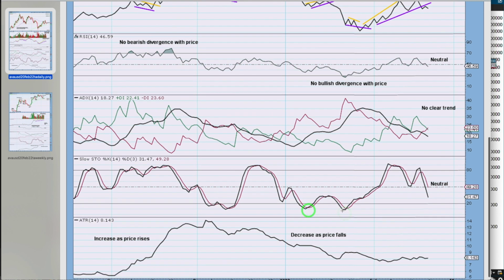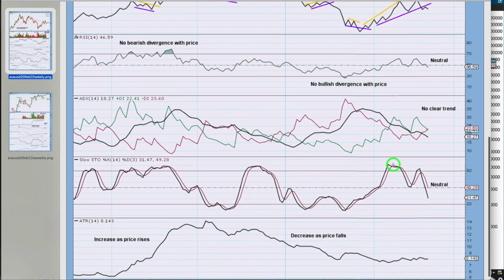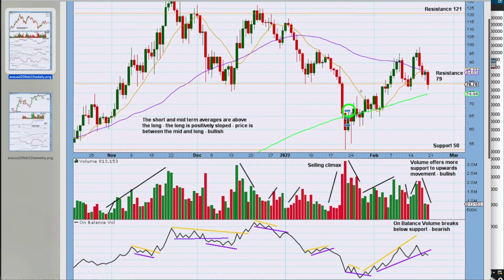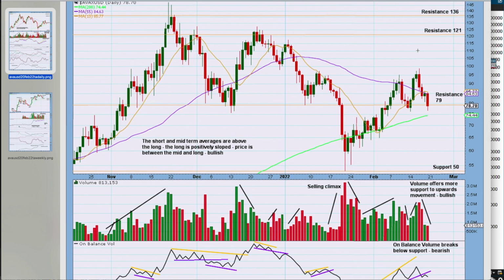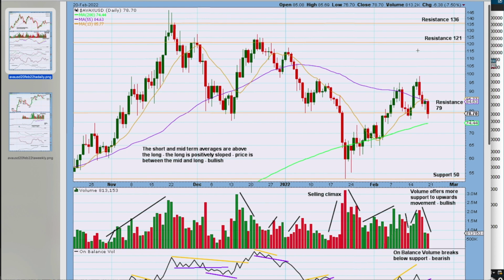Gets oversold twice here, gets overbought here, price reaches up above resistance. It's a really complicated, difficult to analyze, huge consolidation. Sadly, it's just not giving us really, really good information.